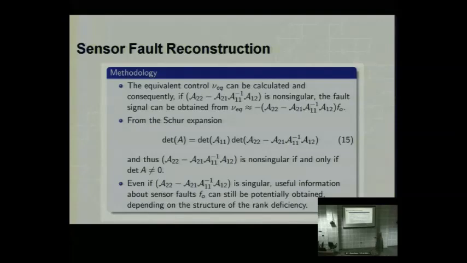But here, we can't really assume it. But we can get some information, again, by looking at the structure of the rank deficiency. And it's something you may like to do with the MATLAB model we developed this morning.